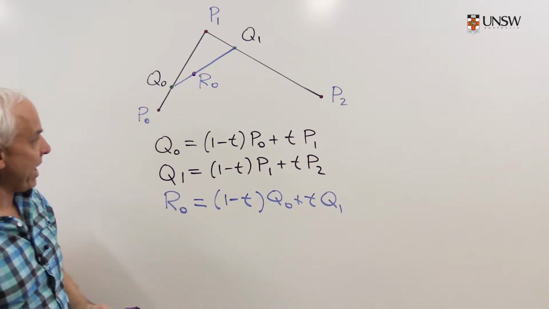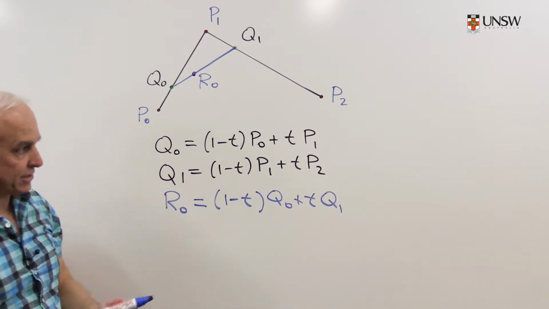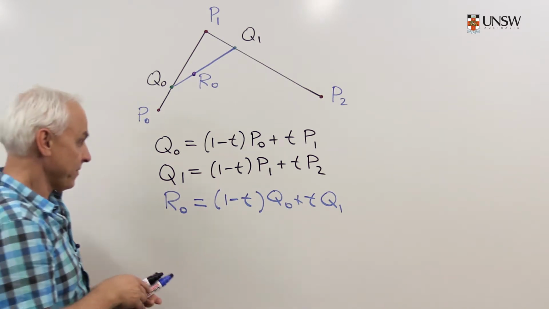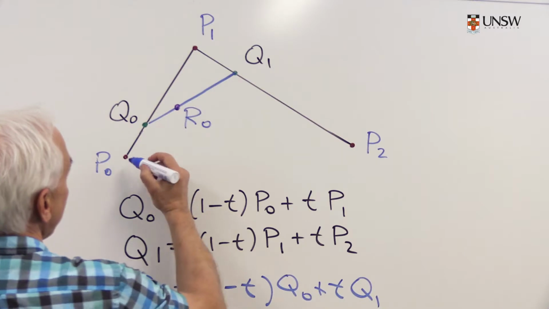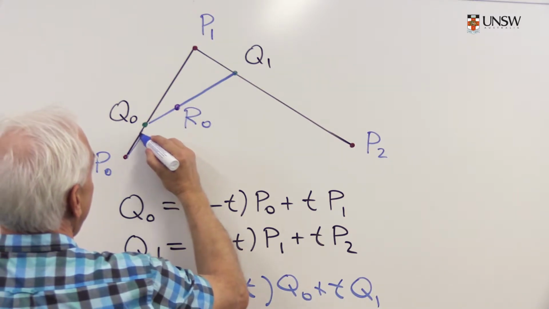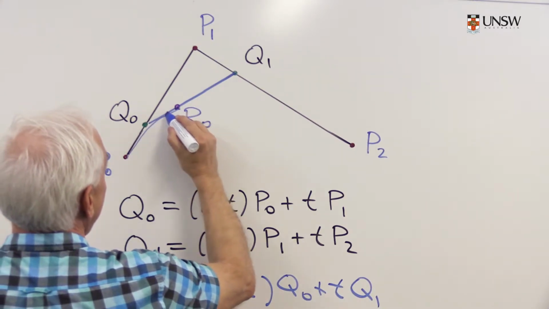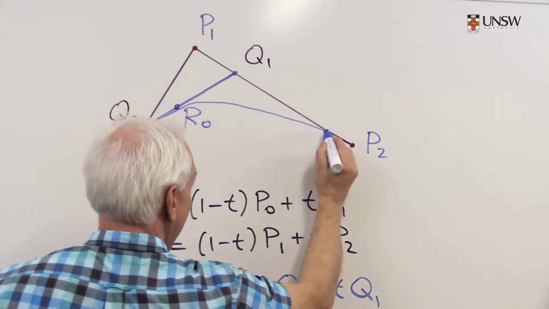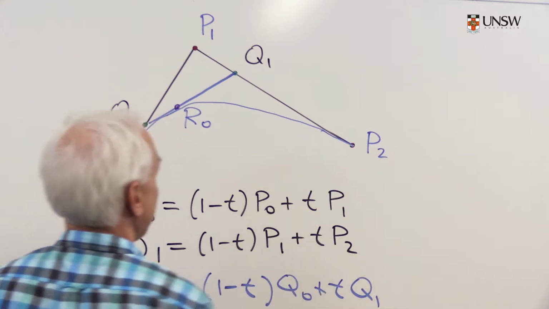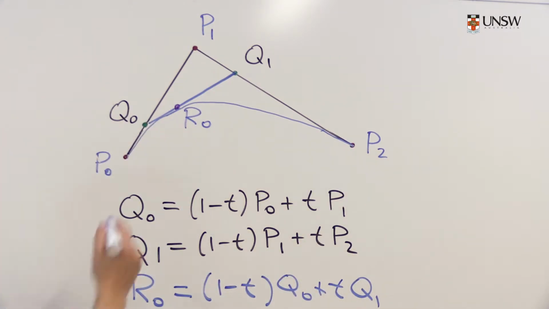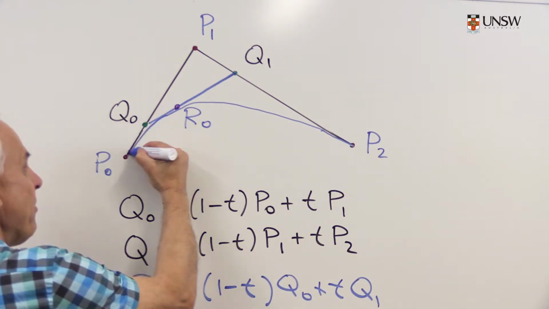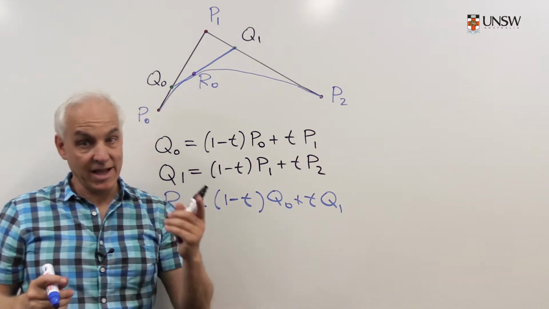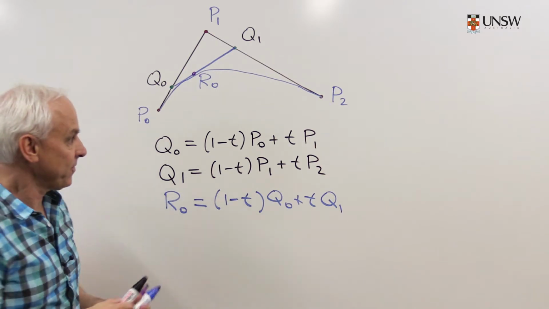And now what happens to R0 as we watch the whole movie progress? Well, we get a curve, like this. So the path of R0 gives us a Bezier curve, or a de Casteljau Bezier curve.